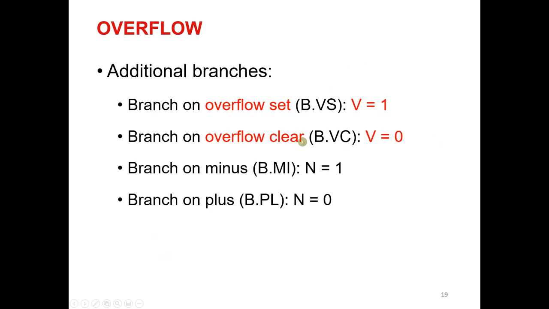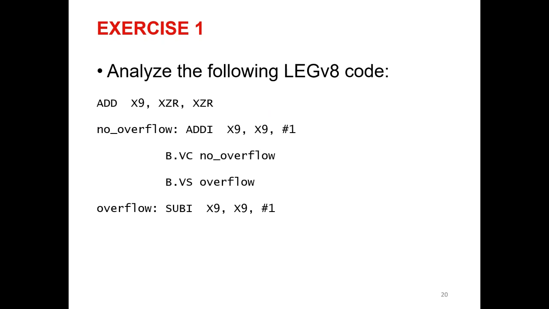I have added here other examples, branch on minus and branch on plus, which use the condition code negative, similarly to the overflow one.